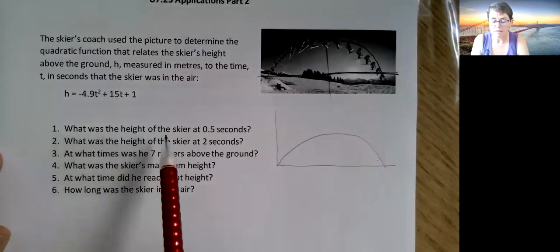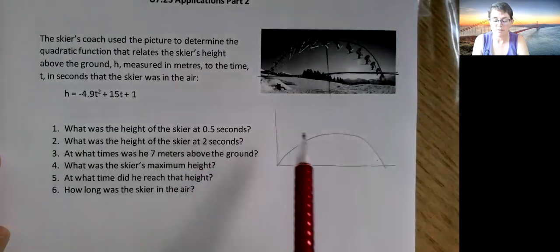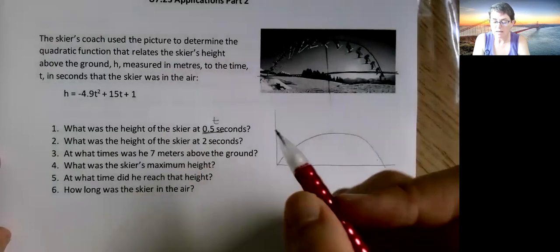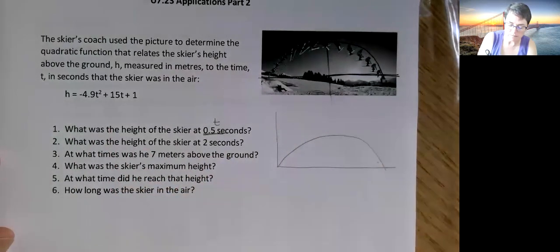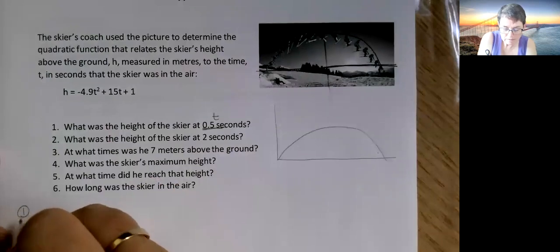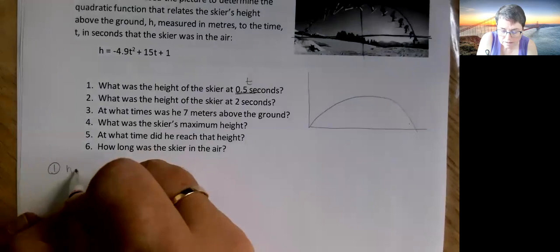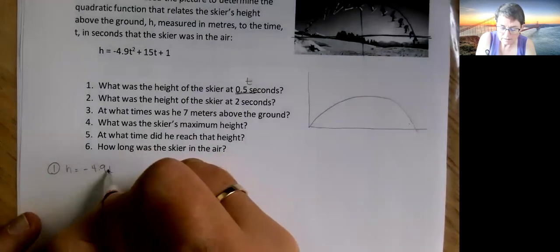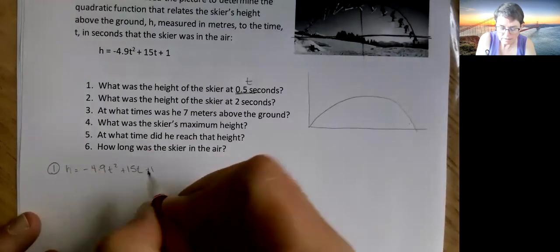At what height, what was the height of the skier at 0.5 seconds? Okay, so it's giving me a time. So all I need to do is plug that number in and I can work it out. So number one, h is equal to negative 4.9 t squared plus 15t plus 1.